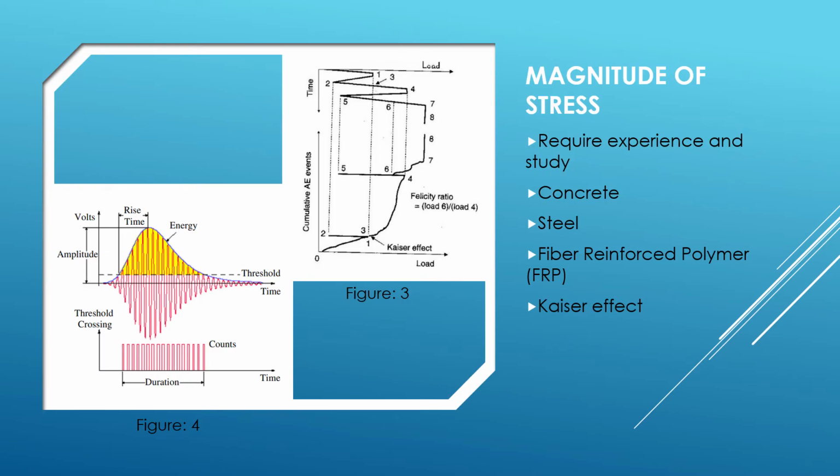Signals are interpreted to show the magnitude of the stress on the bridge, as shown in Figure 4. Interpretation of such signals requires a lot of experience and study. Different conditions as well as different materials will produce different magnitudes of signals.